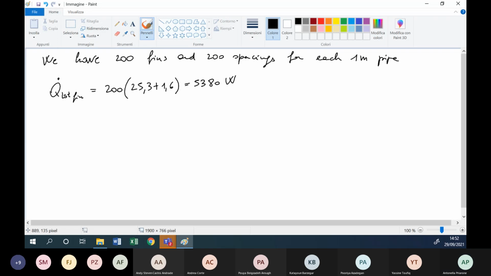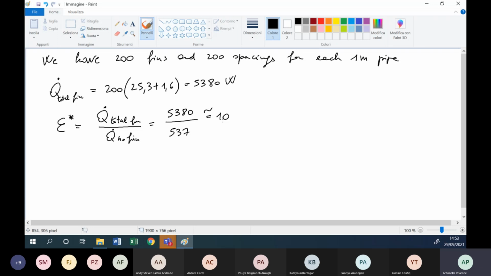So the total effect, that means the effectiveness for this finned surface, that is the ratio of Q total fin divided by Q no fin, is equal to 5,380 divided by what I obtained with the first case, 337, equal nearly 10 times.